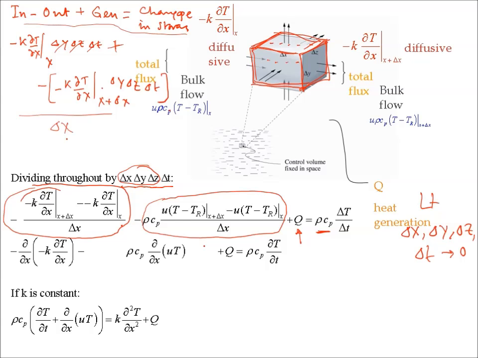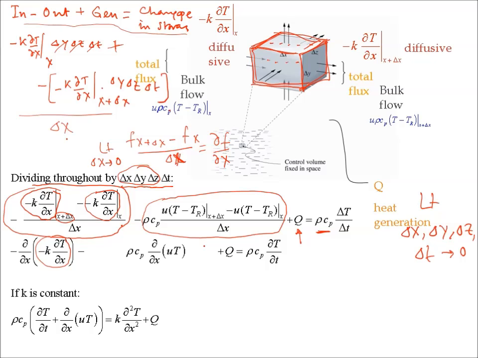Here you have some function at x plus delta x, and minus the same function at x, over delta x. So it's in the form f of x plus delta x minus f of x over delta x, and we're taking the limit delta x goes to 0. So this is obviously del f del x.